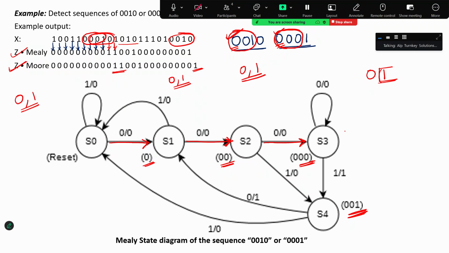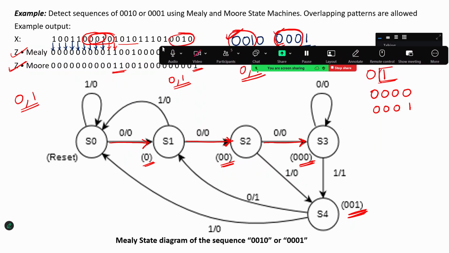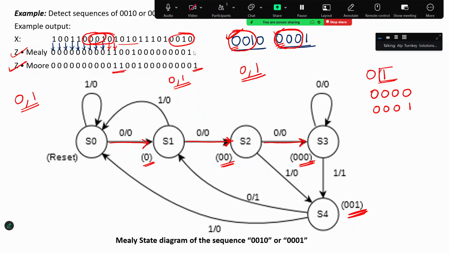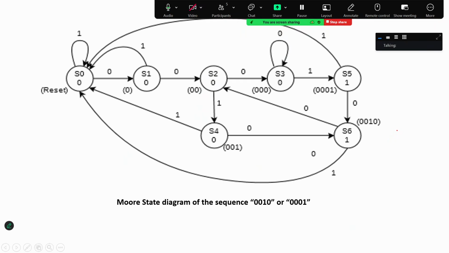Okay. And at S3, what happens? Here 0 0 0, next I can get 0, or I can get 1. Okay. So this is an overlapping pattern, so that means I need to check for 3 bits.